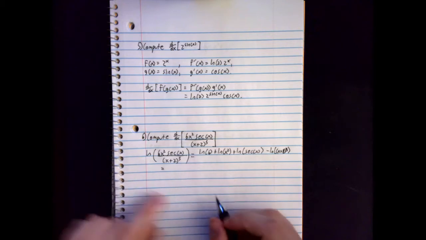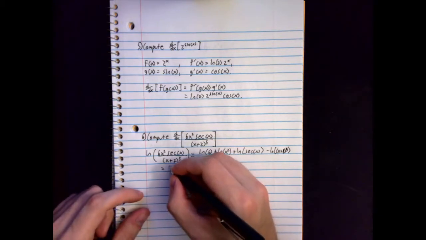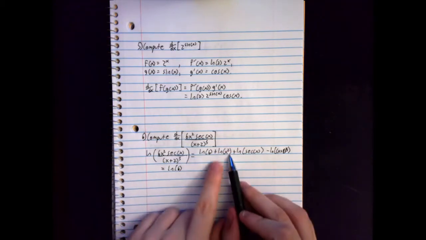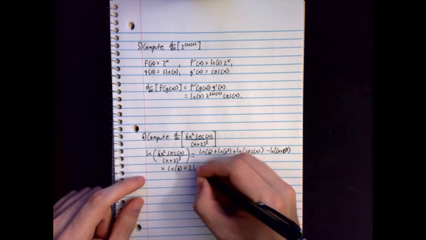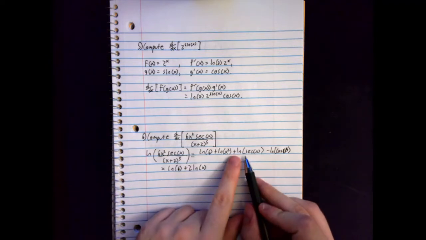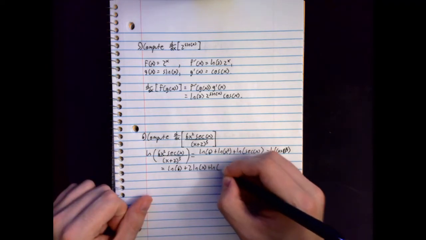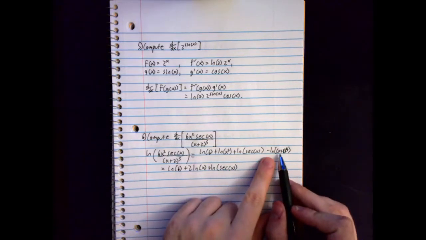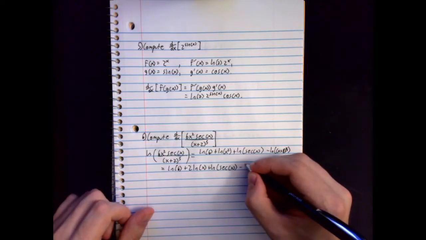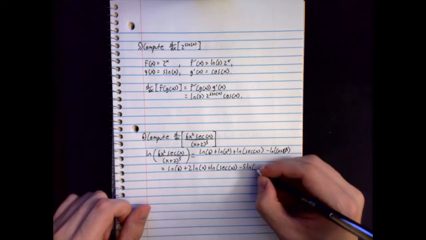And then we can further do some simplifications. So we have the natural log of 6, that doesn't change. The exponent 2 comes down in front, so 2 times the natural log of x, plus the natural log of secant of x. And then minus, this 5 comes down in front, so minus 5 times the natural log of x plus 1.